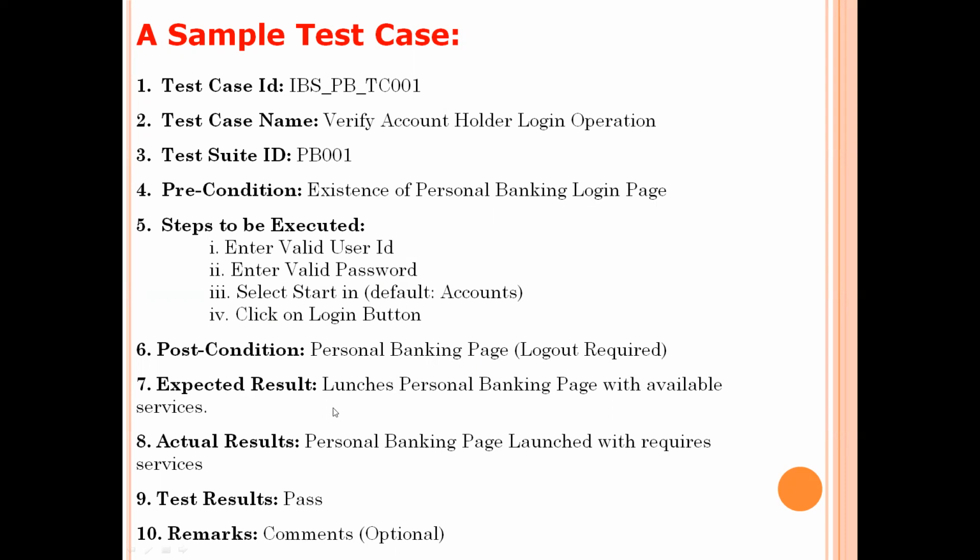Next, expected result, launches personal banking page with available services. Actual result, personal banking page launched with required services. Test result, by comparing expected result with actual result, pass. Remarks, comments optional.